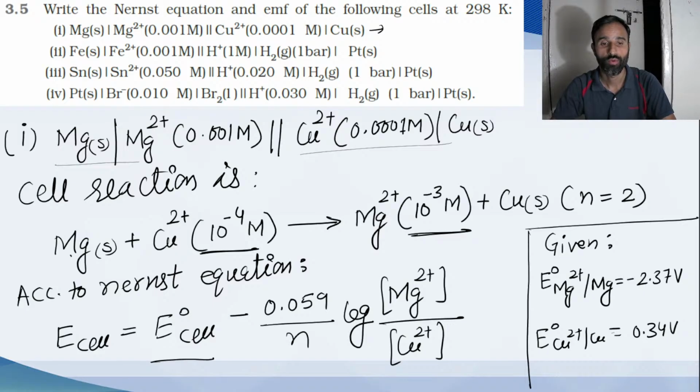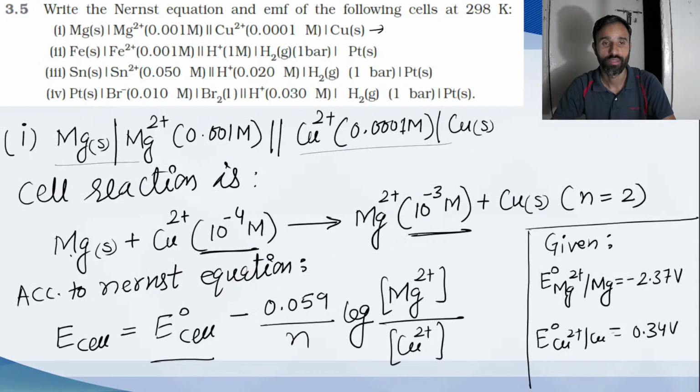Now, second part. Fe solid to Fe2+ 0.001 molar, then H+ 1 molar to H2 gas, 1 bar. First of all, write this reaction.